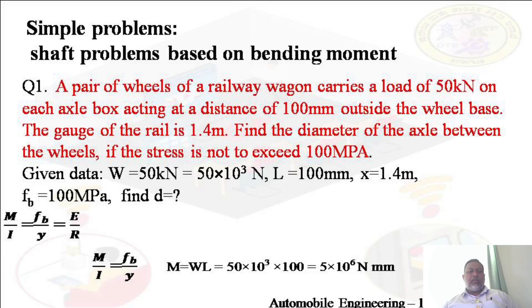W is 50 into 10 raised to 3 into 100, the distance from outside the wheelbase to the axle. When you multiply these two, we get 5 into 10 raised to 6 Newton mm.